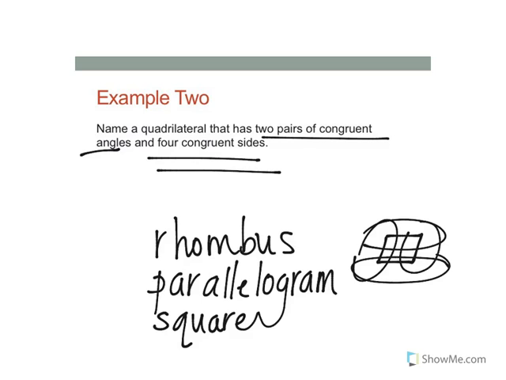And technically it could also be a rectangle. So any of these answers would fit for this. However, if you look specifically at our definitions, a rhombus is the exact definition of this. However, many of these can fit.